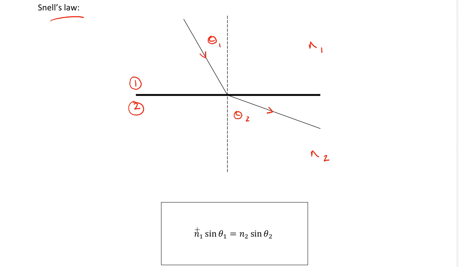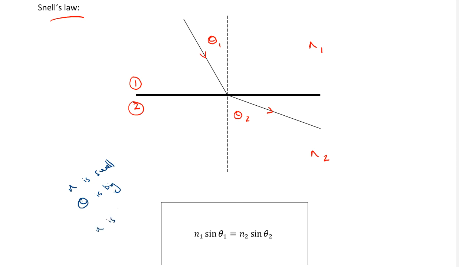Remember that big values of n indicate slow media, and small values of n indicate fast media. So let's say n is small, we have a fast medium, then theta is going to be big, because if theta gets bigger up to 90 degrees, sine theta will get bigger as well. So for this equality to be maintained, a small n will require a big angle, and vice versa.